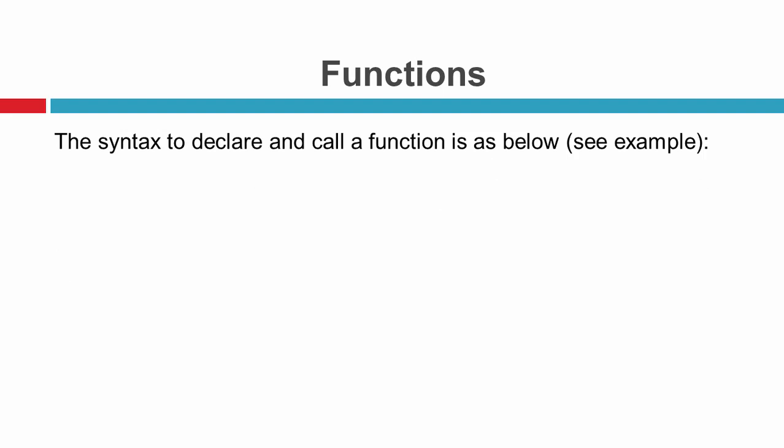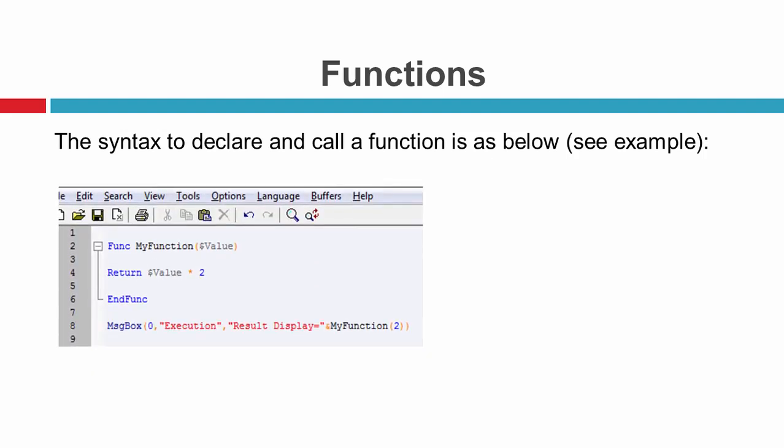For the functions, the syntax to declare and call a function is as below. We call a function by just using the name of that function with the suitable argument, and the implementation uses the keywords Func and EndFunc plus Return if you want to return a value after a calculation, for example.